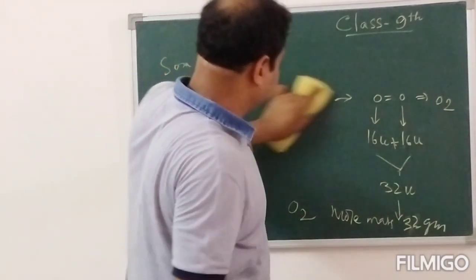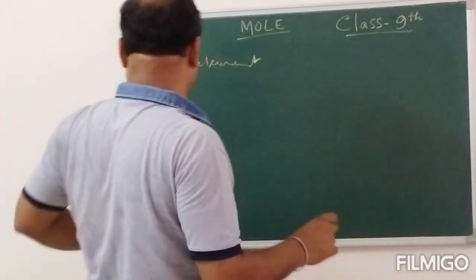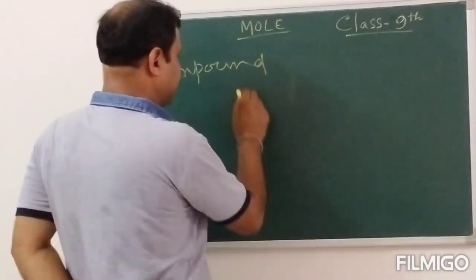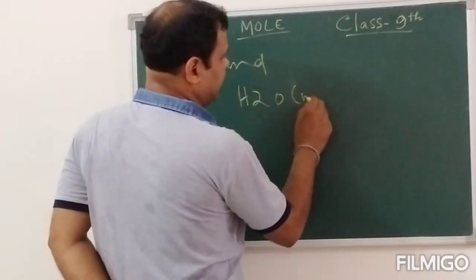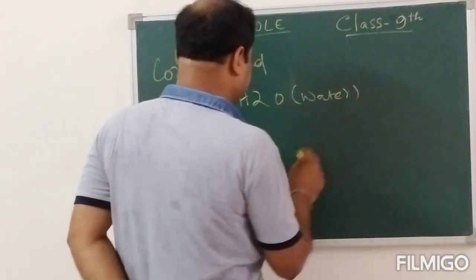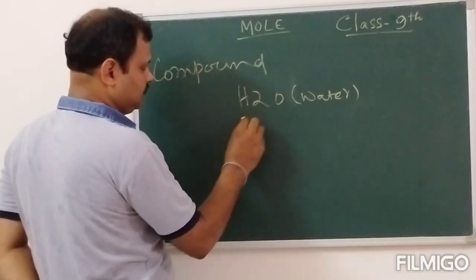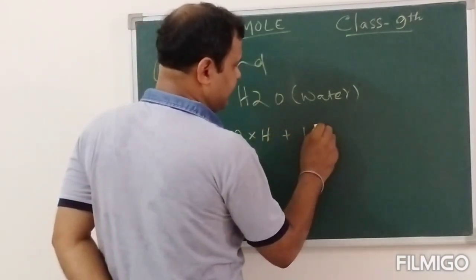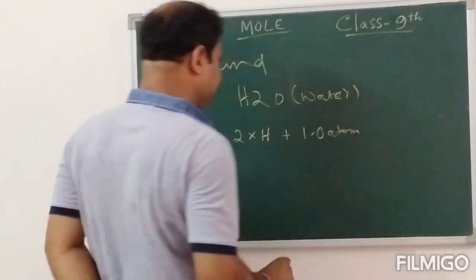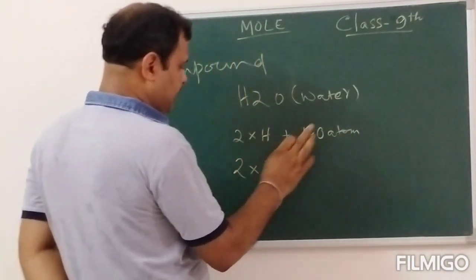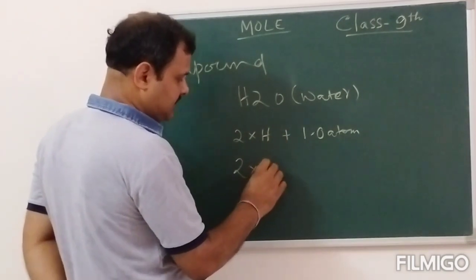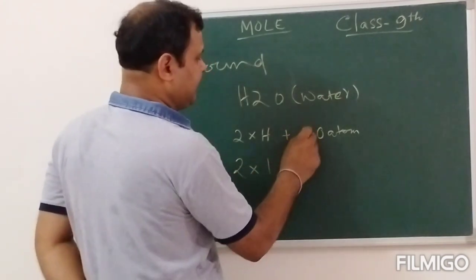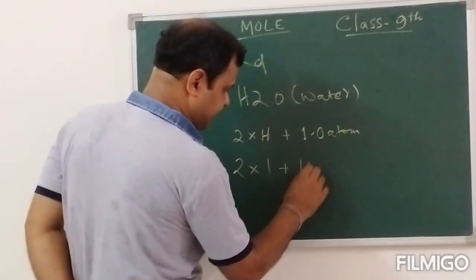And for a compound, how do we calculate the mole mass? Suppose this is H2O, water. H2O has two hydrogen atoms and one oxygen atom. The hydrogen atom has atomic mass 1, so it is 2 into 1, and oxygen has atomic mass 16.